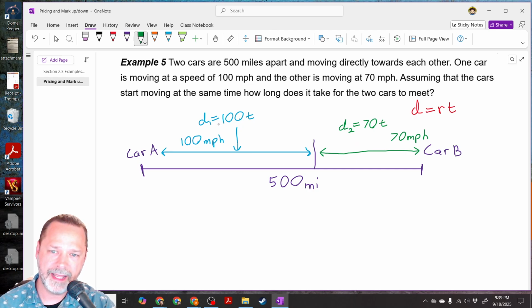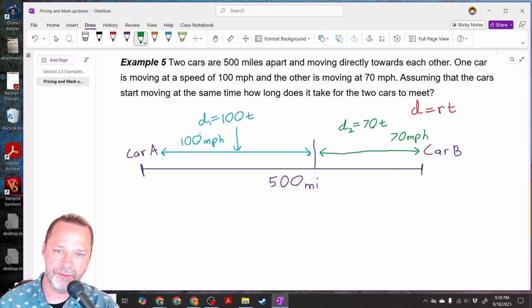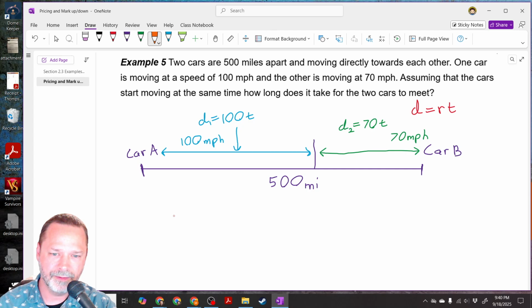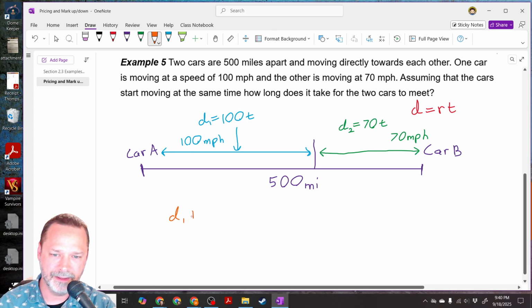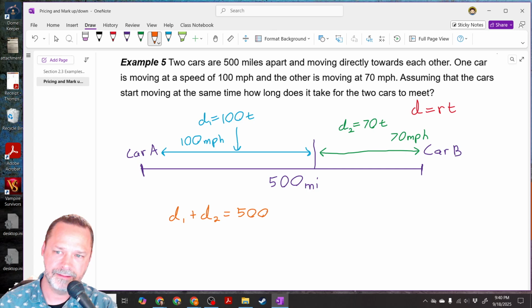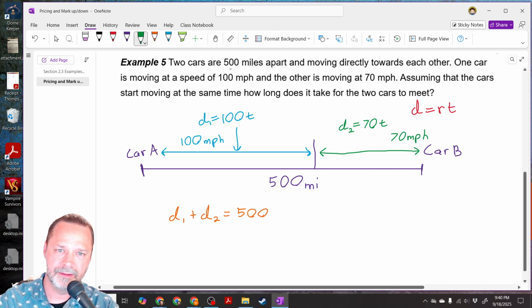And then now, because a rate times time is a distance, and we know these two distances add up to the whole thing, we can totally write an equation, which is our goal. So according to my diagram, I have D1 plus D2 equals 500. That's what I got so far.